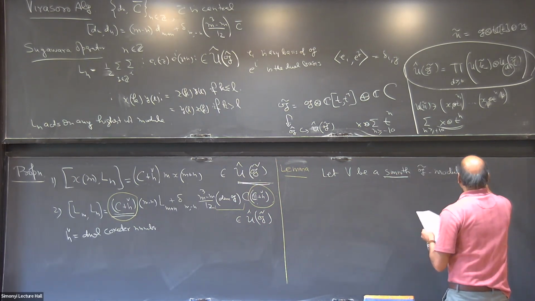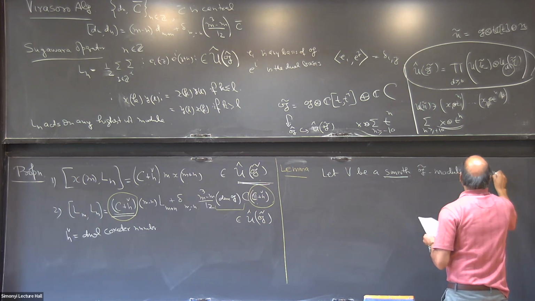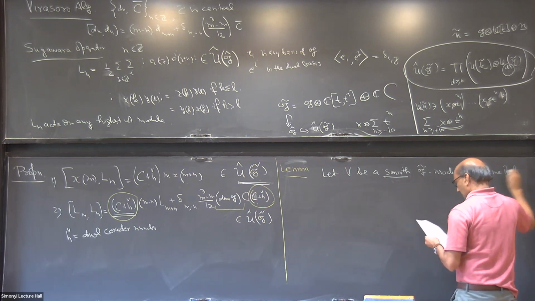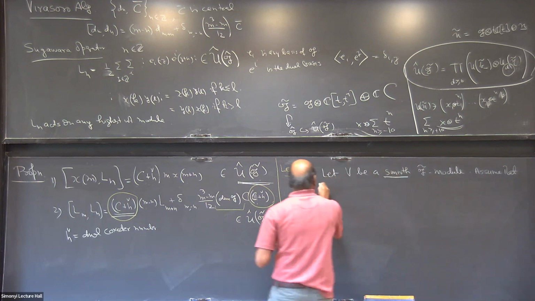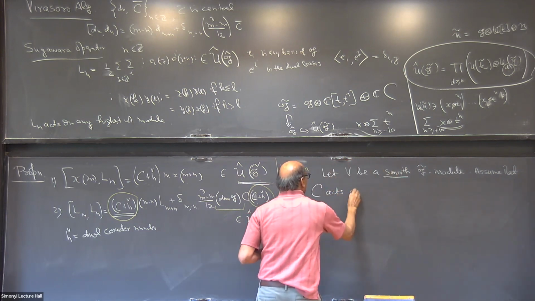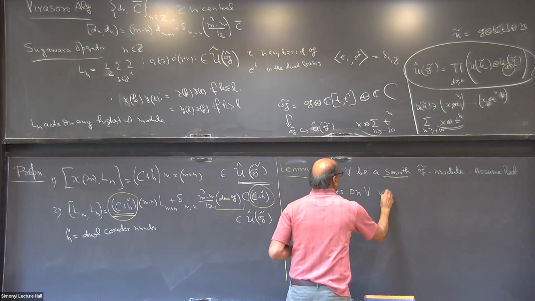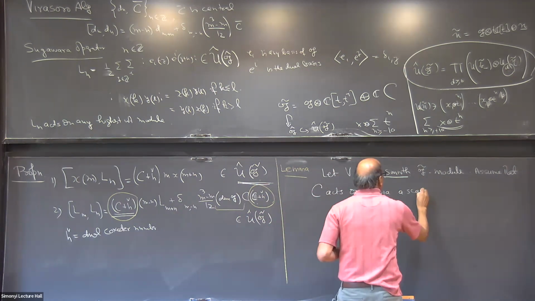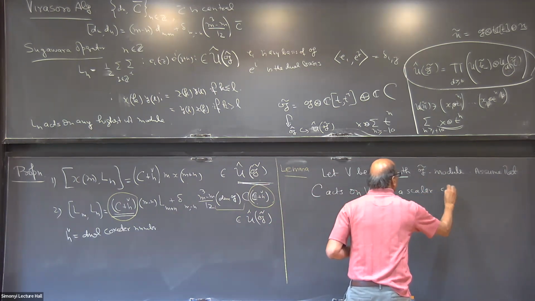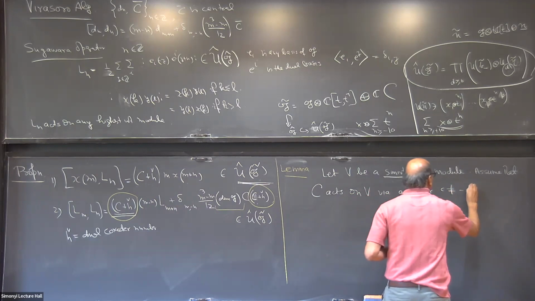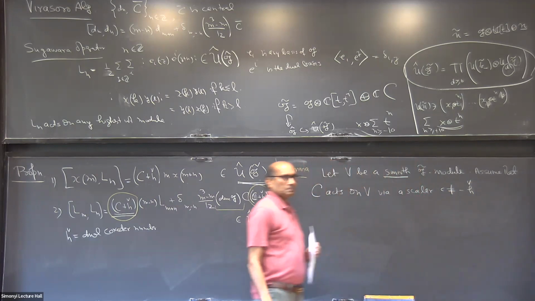Then assume that C acts on V via a scalar c, which is different from negative of the dual Coxeter number.